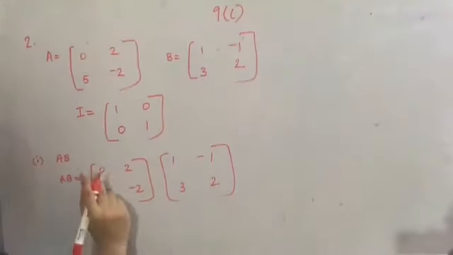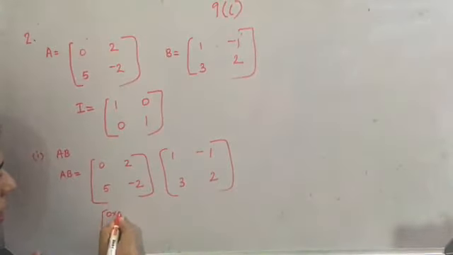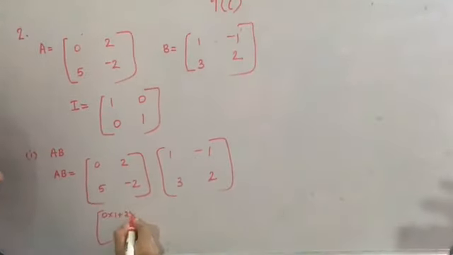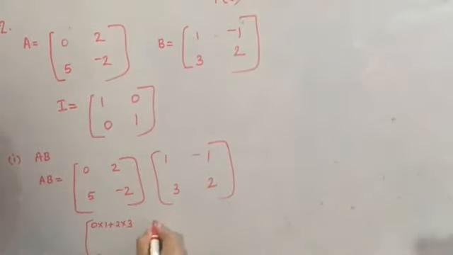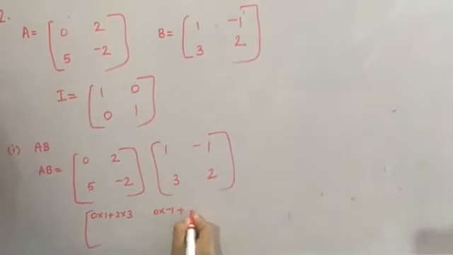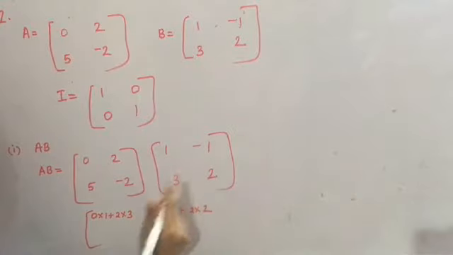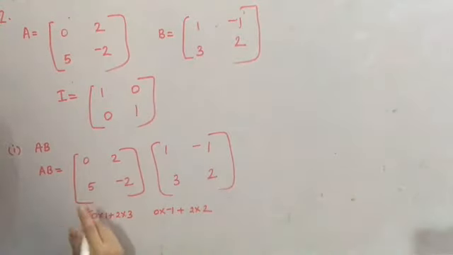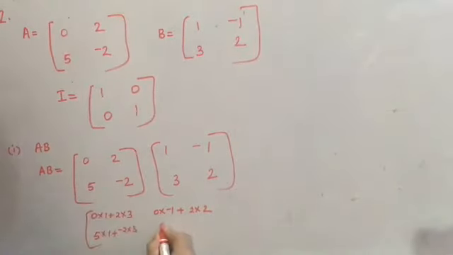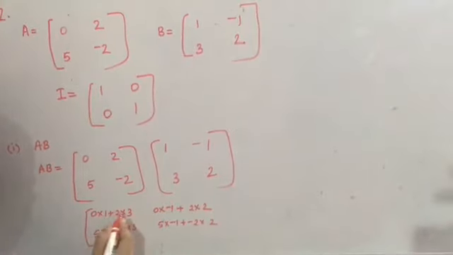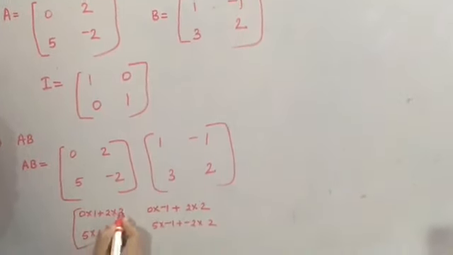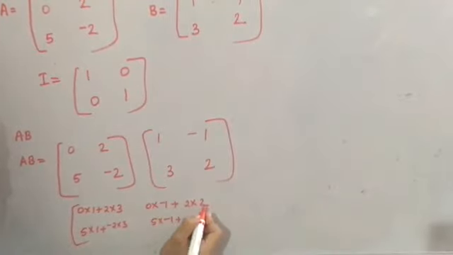So what will that be? 0 into 1 plus 2 into 3, 0 into minus 1 plus 2 into 2. Next row, 5 into 1 plus minus 2 into 3, 5 into minus 1 plus minus 2 into 2. After multiplying, you can see everywhere the second number remains the same.